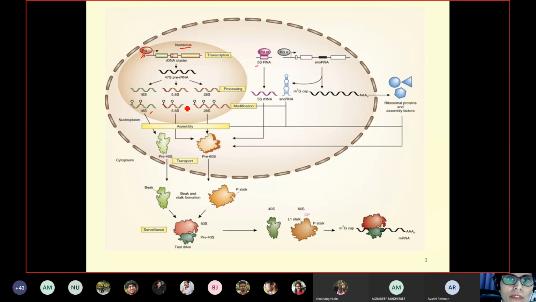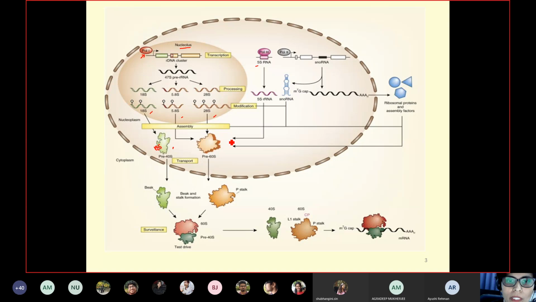Then this goes out of the nucleus and assembles into the pre-40S component, which is formed by the 18S ribosomal RNA, and the pre-60S, which is the larger subunit, made by 5.8S and 28S. The 5S RNA comes from the nucleoplasm to be bound in this position.